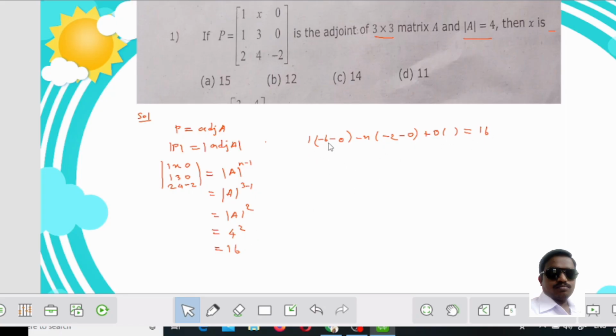Now we are getting 1 into minus 6, minus 2 into minus x, plus 2x equal to 16. 2x equal to 16 plus 6, so 2x equal to 22, x equal to 22 by 2, so x equal to 11 is the answer, so option D is the right answer.